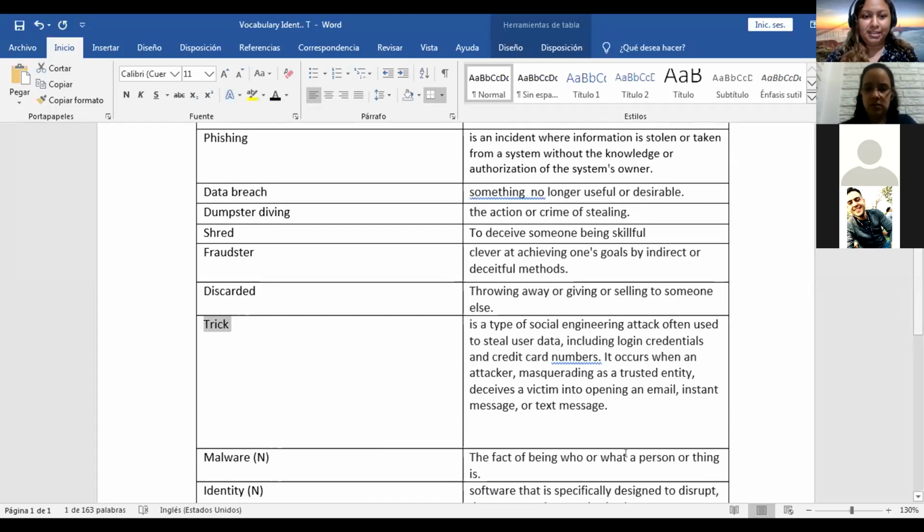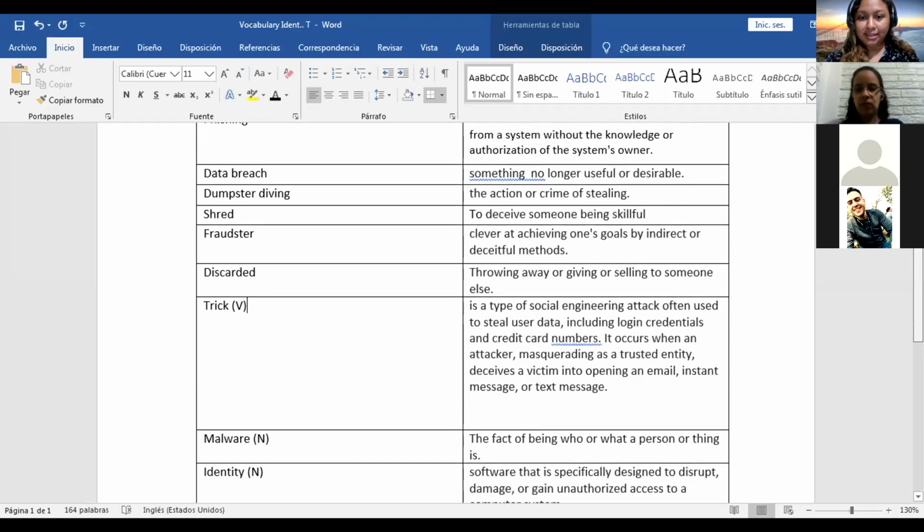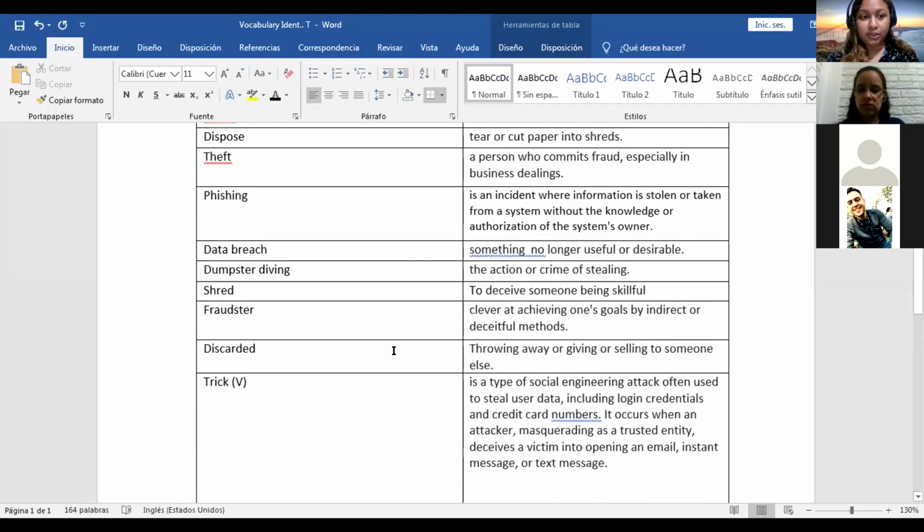This is a verb, this is an action. To trick is to deceive someone being skillful. Yes, to trick.